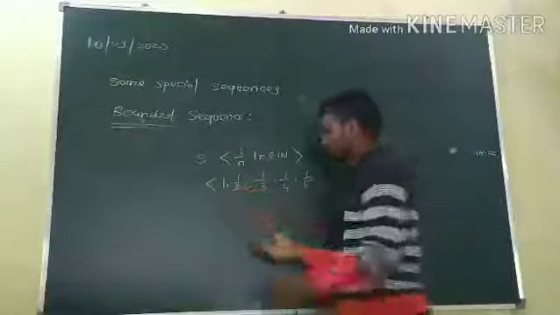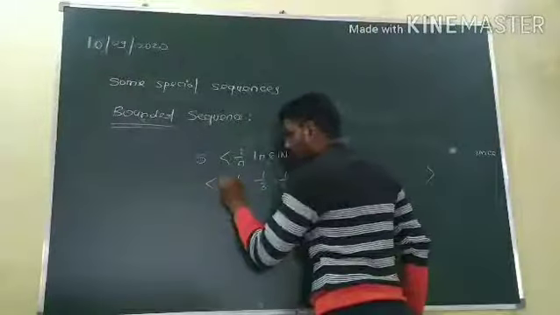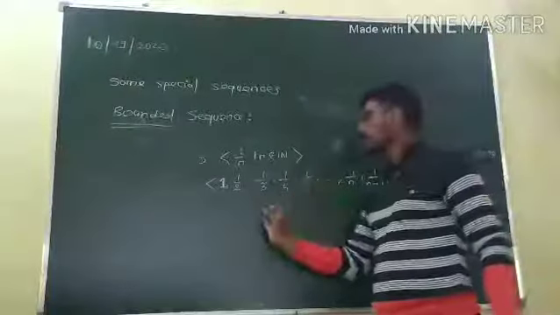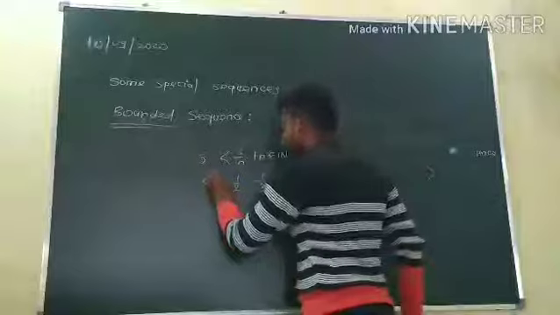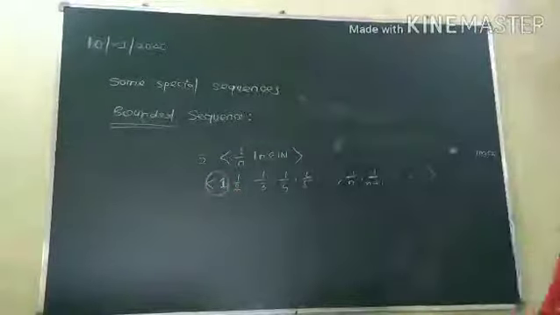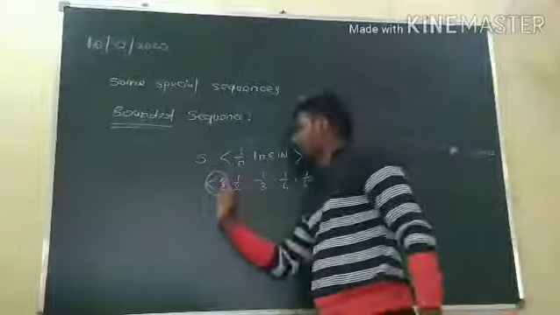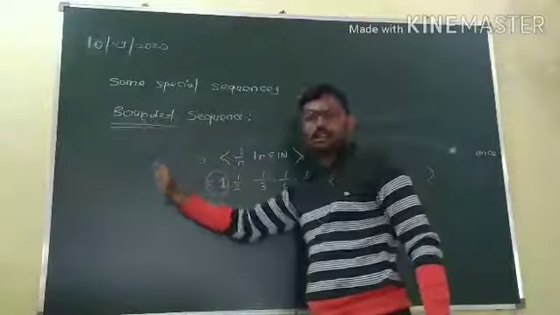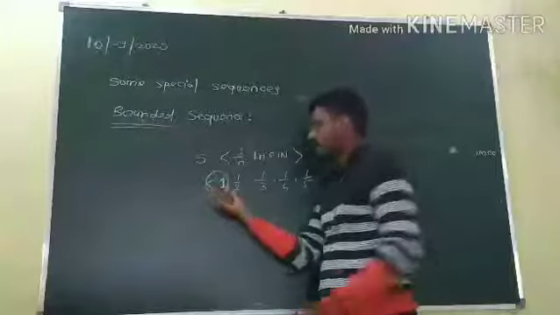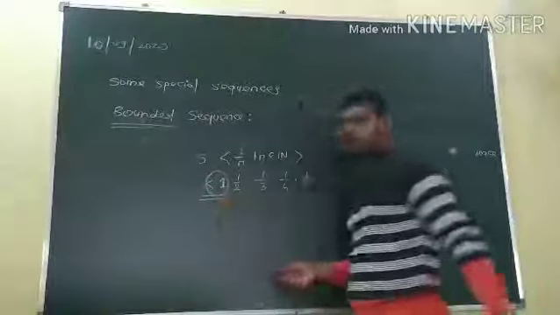So there is no element in this sequence which is greater than 1. So we can say 1 is an upper bound of the sequence. Also, any number greater than 1 is also an upper bound for the sequence. But 1 is the least, so we call this the least upper bound.